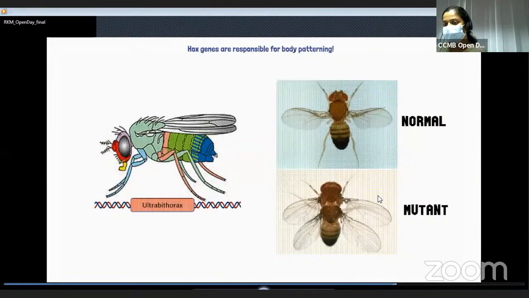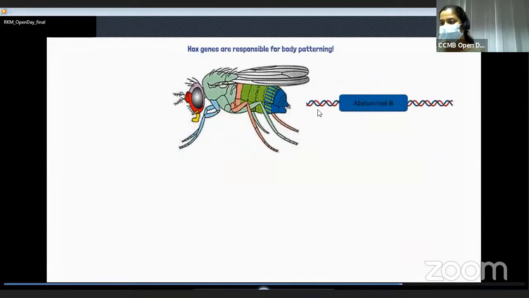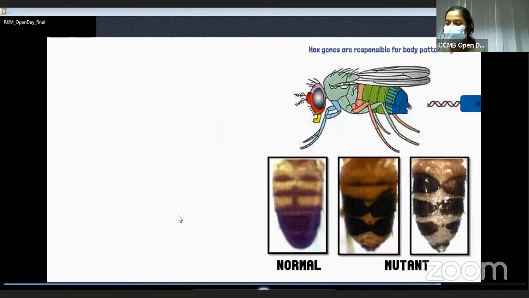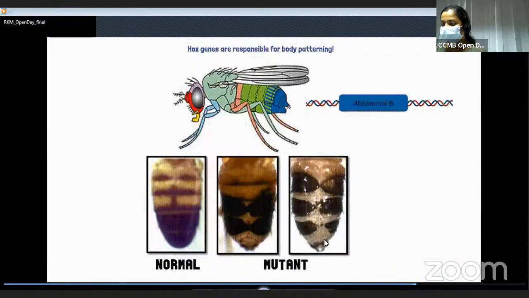Similarly, we also know that if we mess with the genes that are responsible for the posterior region of the fly, we can see here that if the normal fly has a specific pattern, the fly in which the gene abdominal B is mutated gives different patterns.